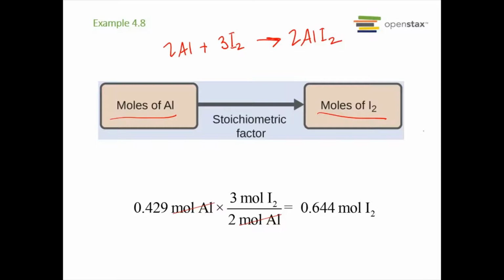So we are given 0.429 moles of aluminum. And based on our reaction, I see 3 and 2. 3 in front of the iodine, 2 in front of aluminum. So I know that I have 3 moles of iodine for every 2 moles of aluminum. And I need aluminum to go away. So that's why we have it in the bottom here. And we're ending with moles of iodine. So we plug that into our calculator and we get 0.644 moles of iodine.